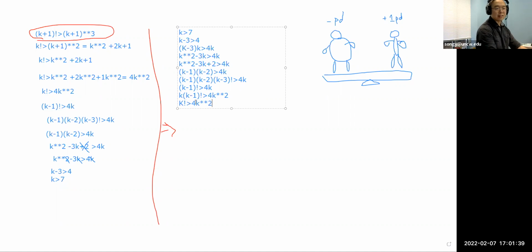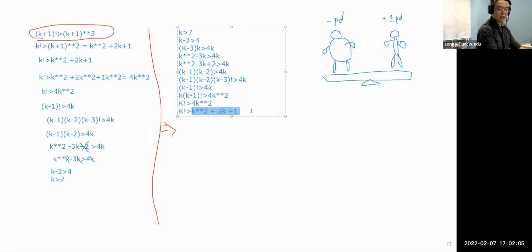Now I want to make the right side smaller. By making smaller, I mean I'm going to make it 2k squared, and then it should be k squared, and then plus 2k, and then plus a 1. So I'm making the right side even smaller. So it is guaranteed k factorial is greater than this guy.